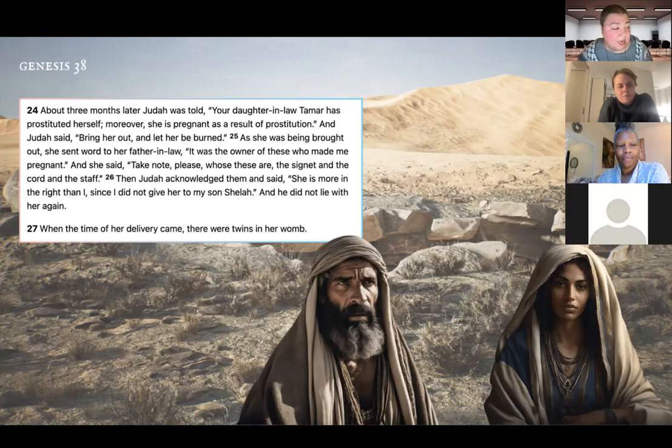And she said, "Take note, please, whose these are, the signet and the cord and the staff." Then Judah acknowledged them and said, "She is more in the right than I, since I did not give her to my son Shelah." And he did not lie with her again. When the time of her delivery came, there were twins in her womb.